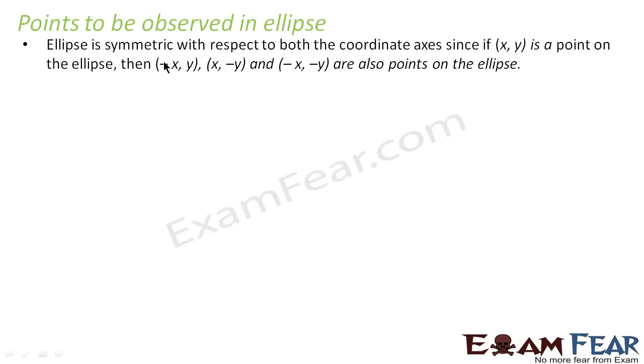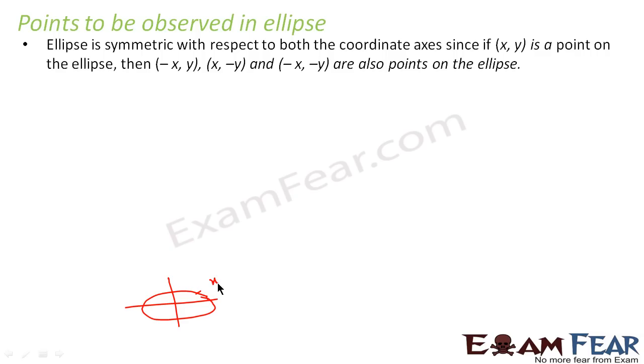First, the ellipse is symmetric with respect to both the coordinate axes, that is x and y. That is, let's suppose (x, y) is a point on the ellipse, then (minus x, y), (x, minus y), and (minus x, minus y) will also be points on the ellipse. I'll show you how. So let's suppose this is the ellipse we have. I'll draw the ellipse.